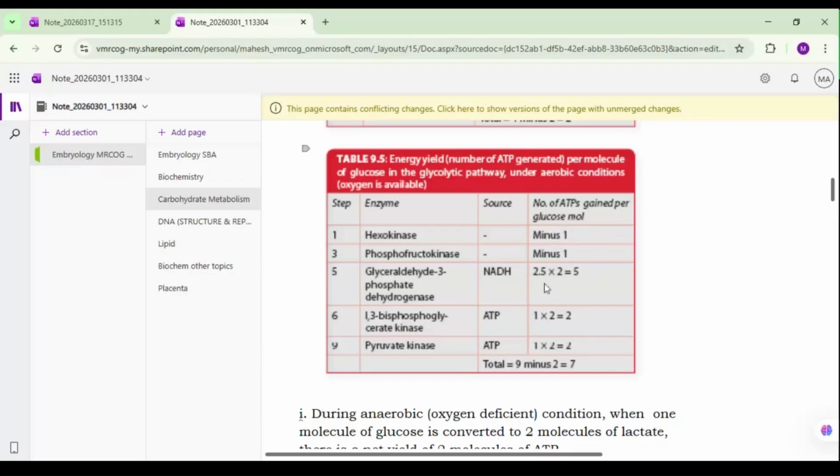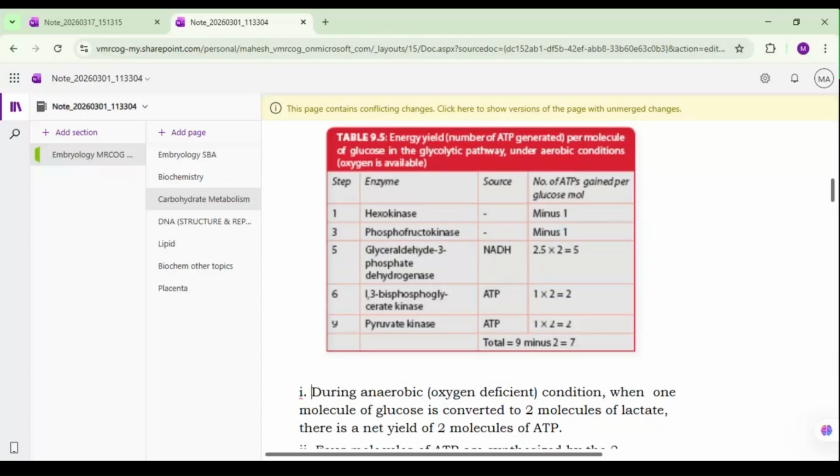Then one NADH is equivalent to 2.5 ATPs. One NADH is equivalent to 2.5 ATPs. So that will give you 5 ATPs. So this 5 plus this 4 is total 9. 2 are getting utilized. That means 7. Okay. So under aerobic condition, glycolysis will give you 7 ATPs. Anaerobic condition, 2 ATPs. Aerobic conditions, 7 ATPs. Is that right? Is it clear?